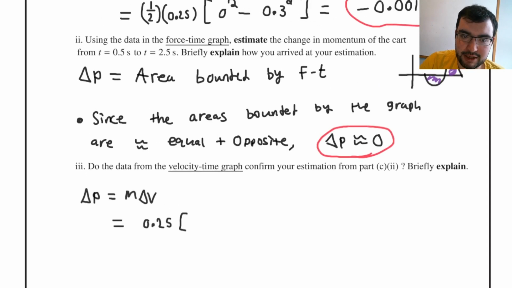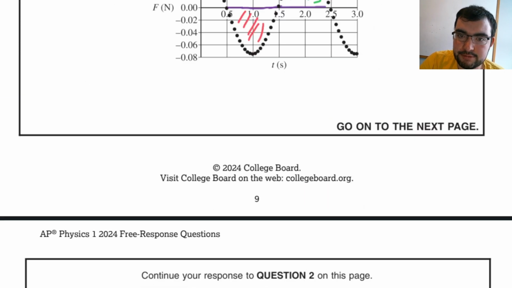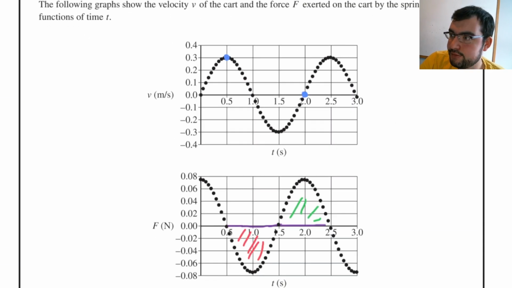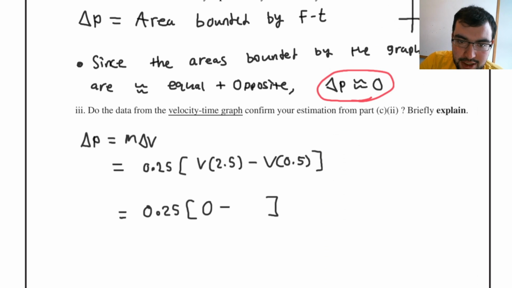And if we're estimating the change in momentum between 2.5 seconds and 0.5 seconds, we can just take the v's at each of those times. So let's see what we get. Well, v of 0.5 is 0. Let's use blue. I haven't used that yet on this graph. v of 0.5 is 0. v of 2.5 is 0. 0 minus 0 equals 0.